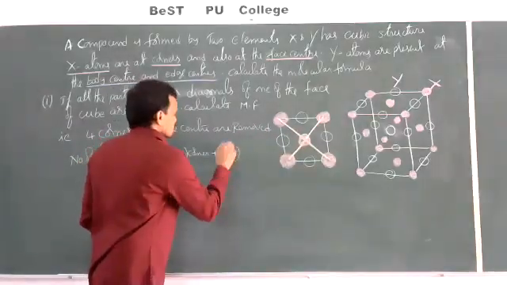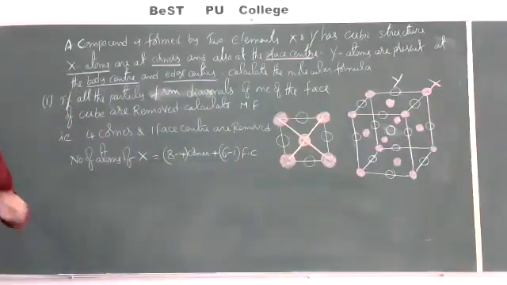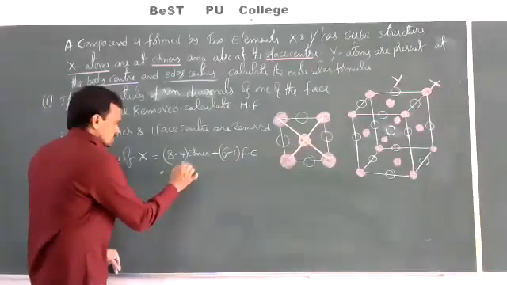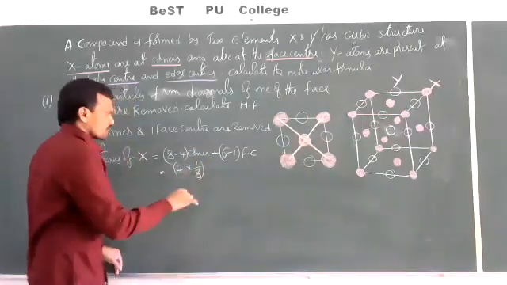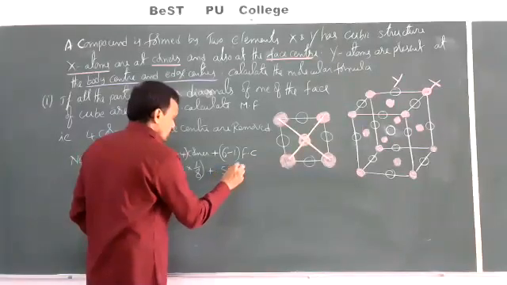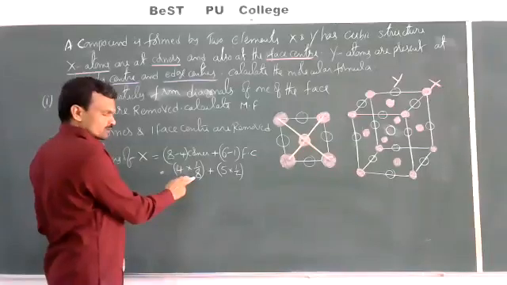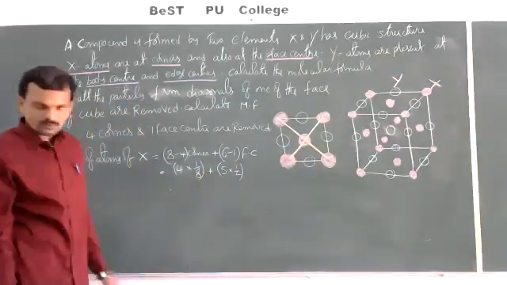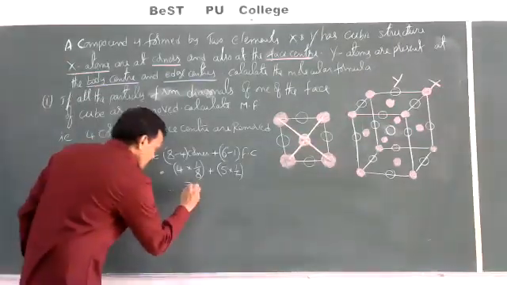So, 6 minus 1 face centers. Now calculate the remaining contribution. So 8 minus 4 is 4, into corner contribution of 1 by 8. So 4 into 1 by 8 plus 5 into 1 by 2. This is nothing but 1 by 2 plus 5 by 2, which is 6 by 2, and 6 by 2 is nothing but 3.